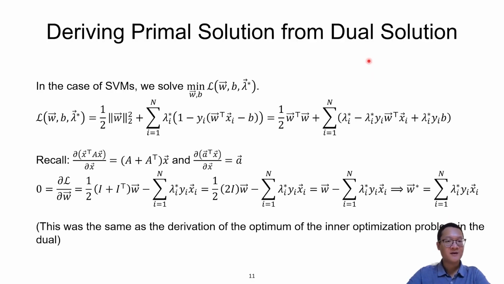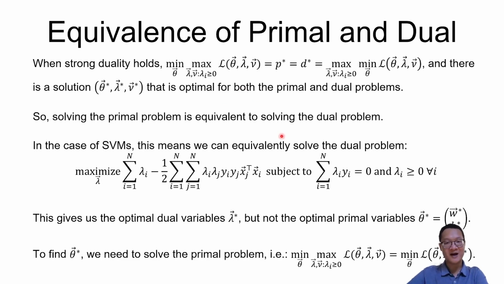Okay, so in the case of SVMs, we just need to solve the inner optimization problem given the optimal lambdas, right? So basically what we have is that the dual problem is this one. Yesterday we solved the inner part. After we solve the inner part, the result is actually a function of lambda and nu, right?